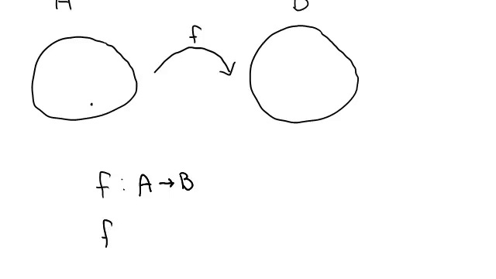If I have a function f, which to each real number, that is an element of this fancy R symbol, assigns another real number, then we say that f is a real valued function of one real variable. And this fancy R is simply a symbol for the set of all real numbers.